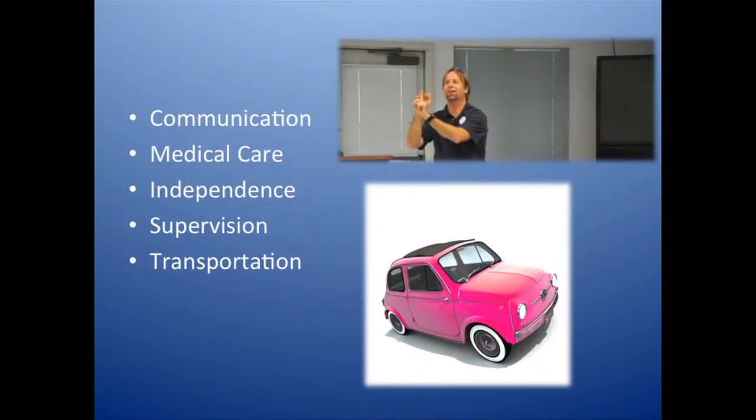So to further define these individuals, we break those down into functional needs. And those functional needs are communication, medical care, independence, supervision, and transportation, as we had listed above and talked about above. Communication may mean that they have limited abilities to receive and respond to information.